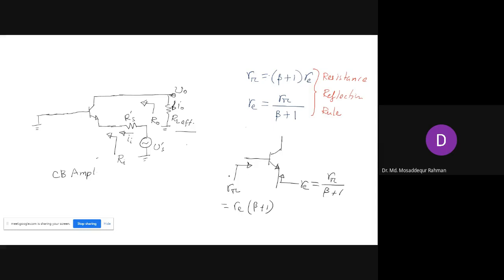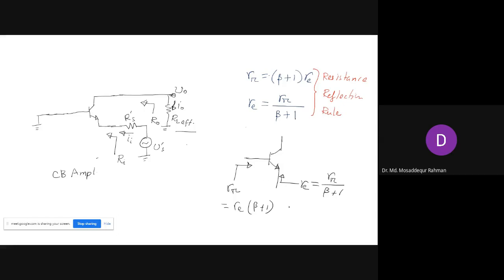the RE depends on the resistance here. So whatever resistance you have in the base is reflected into the emitter and gets divided by beta plus 1. And if you're looking from the base side, whatever resistance you have at the emitter will be reflected into the base and gets multiplied by beta plus 1. That is a very useful relation to determine the resistance of the transistor at the base side or at the emitter side.